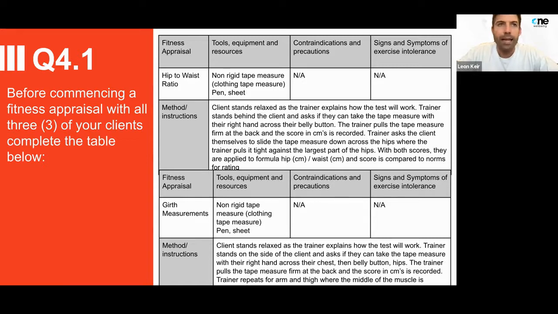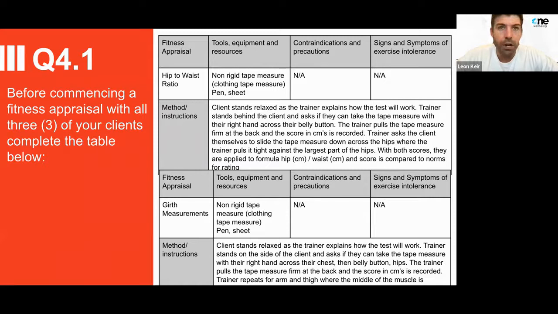And our client's hips is the biggest part. If we're looking at a client side on, it's the biggest part of their bum, where their bum sticks out the most. That's where we classify their hips are.